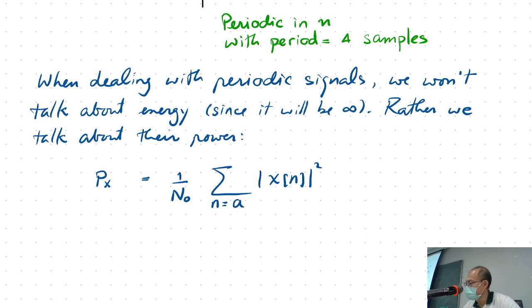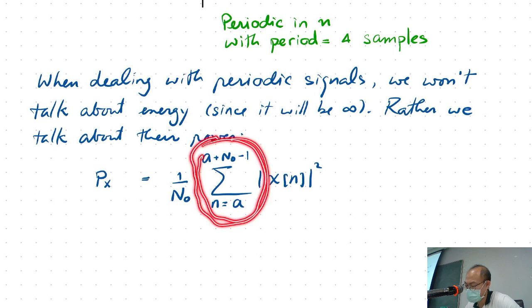So the end would have to be n plus n0 minus 1. And if you count the number of samples added together, you're going to find that the number of samples here will be equal to n0, where n0 is the period.